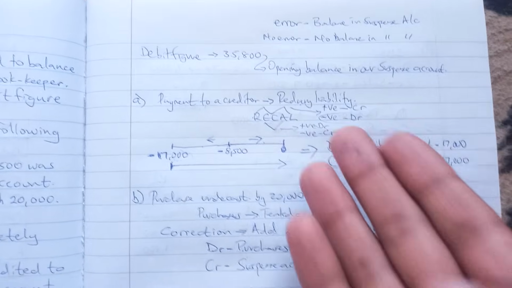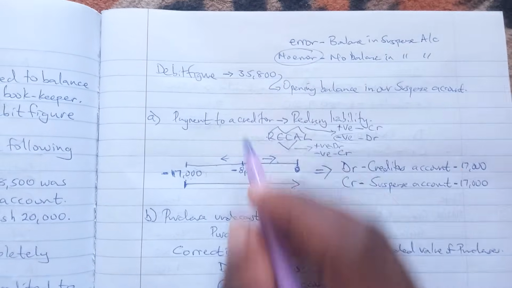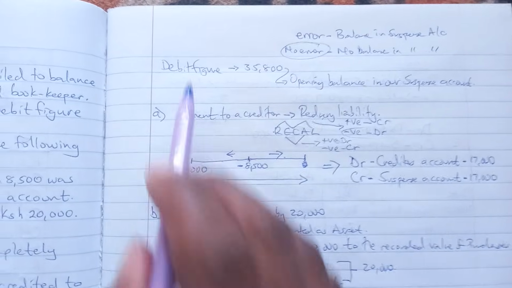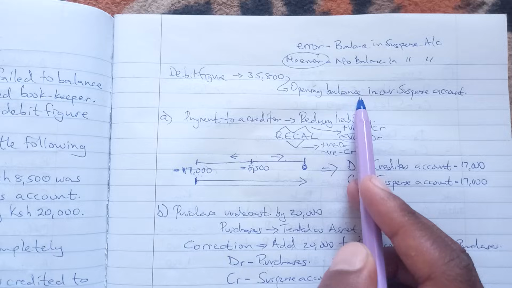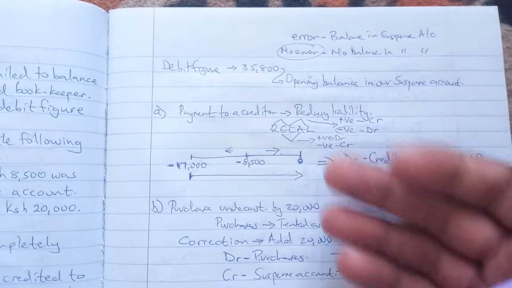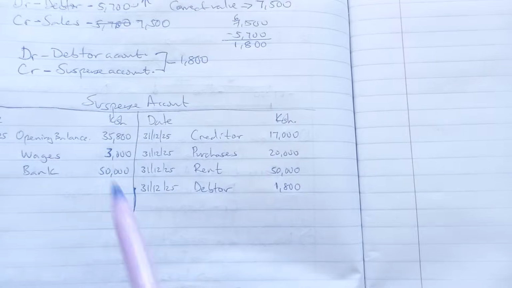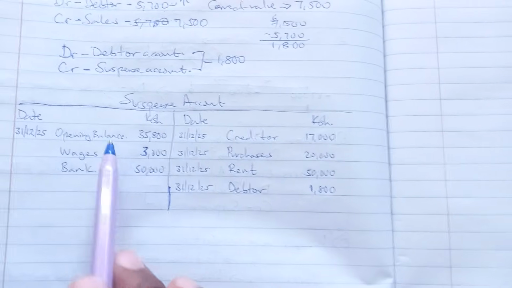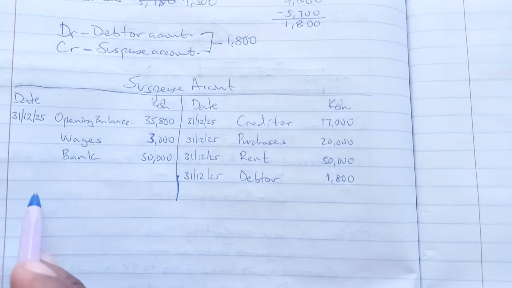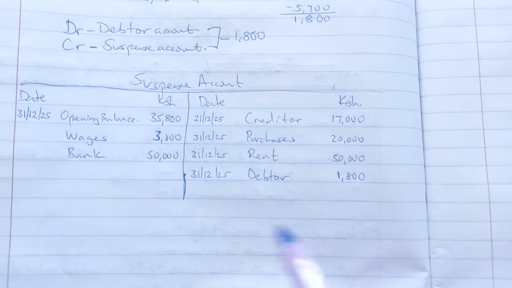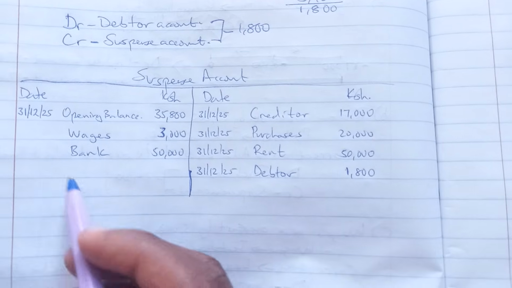We've already made our corrections. The moment you make a correction, there is no error. At the beginning we had an error, and that is why we had the opening balance. Since we've done our corrections, and these transactions are the proof of our correction, when we look at the balance of this account, we should get 0.